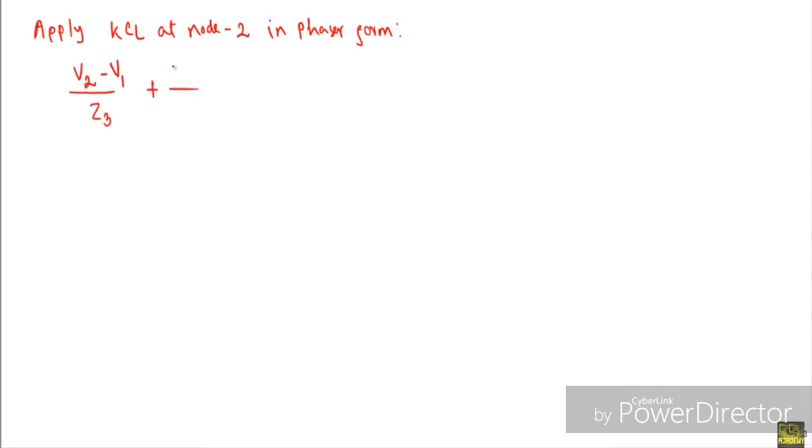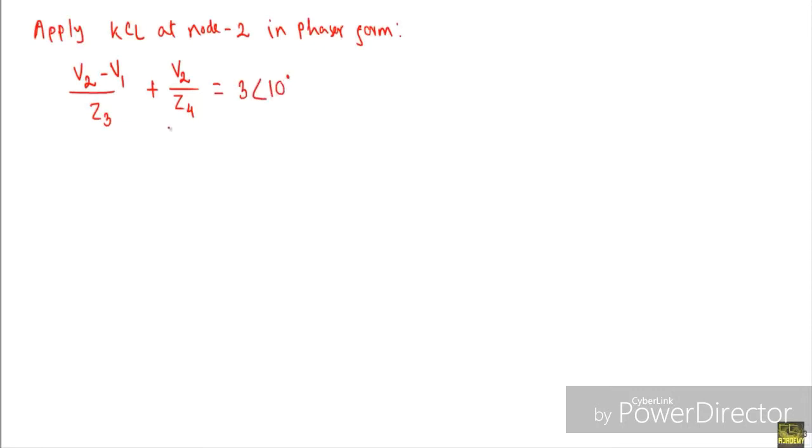So now I am applying Kirchhoff's current law at node 2 in phasor form. I will get (V2 minus V1) over Z3 plus V2 over Z4 equal to 3 phase angle 10 degree.